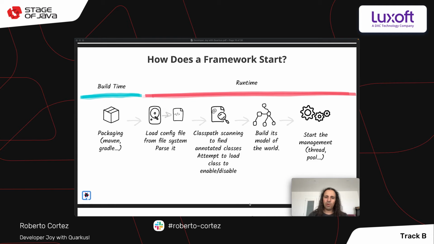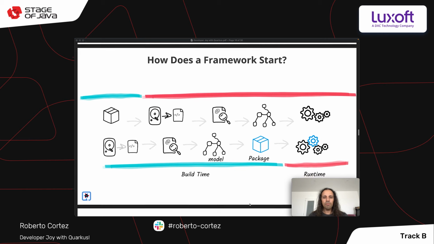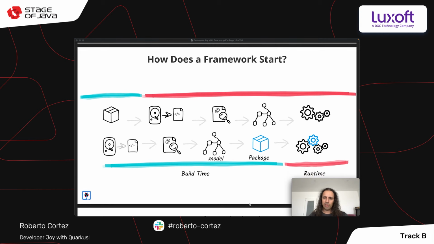Now, what Quarkus tried to do over here was shift things around, meaning that everything that we are able to do during compilation time, we call it build time, we try to do. So a really quick example: think for a second about an XML file.